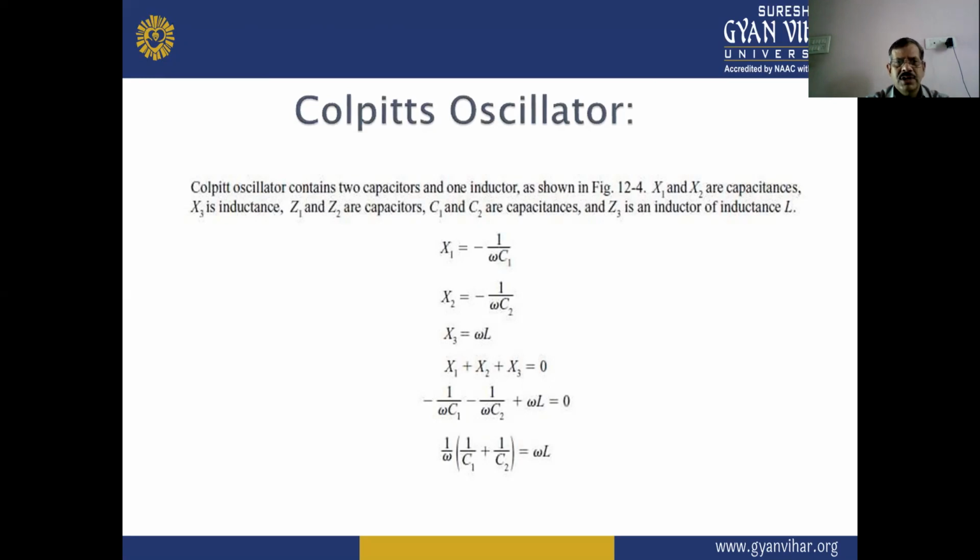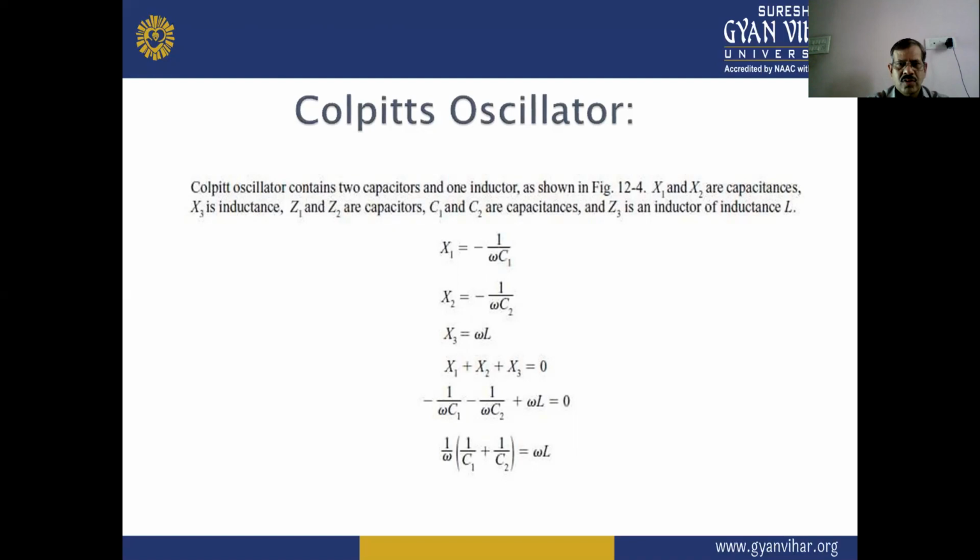So Z1 and Z2 are capacitors with capacitances C1 and C2, and Z3 is an inductor of inductance L. X1 equals minus 1 upon omega C1, X2 equals minus 1 upon omega C2, and X3 equals omega L.